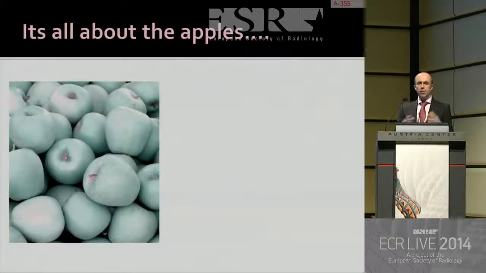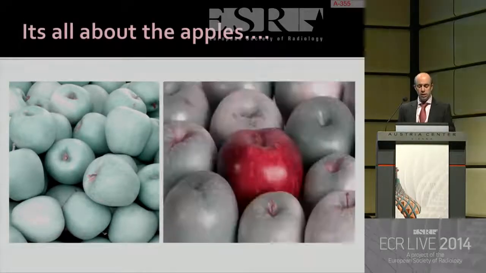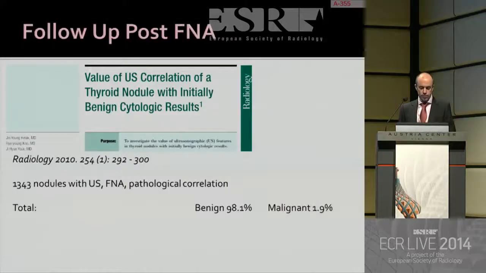So you've got a thyroid, it's full of these isoechoic nodules. Do we go around and find the largest nodule, measure lots of nodules, and FNA the largest nodule? No, that's ridiculous. We look for the nodule that looks different. It looks hypoechoic, it looks suspicious, and we FNA that nodule. Let's move away from just picking the largest nodule.